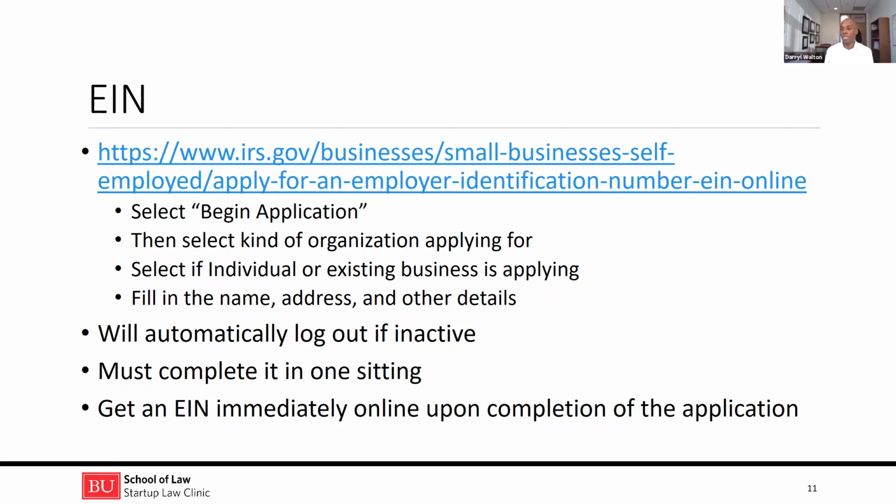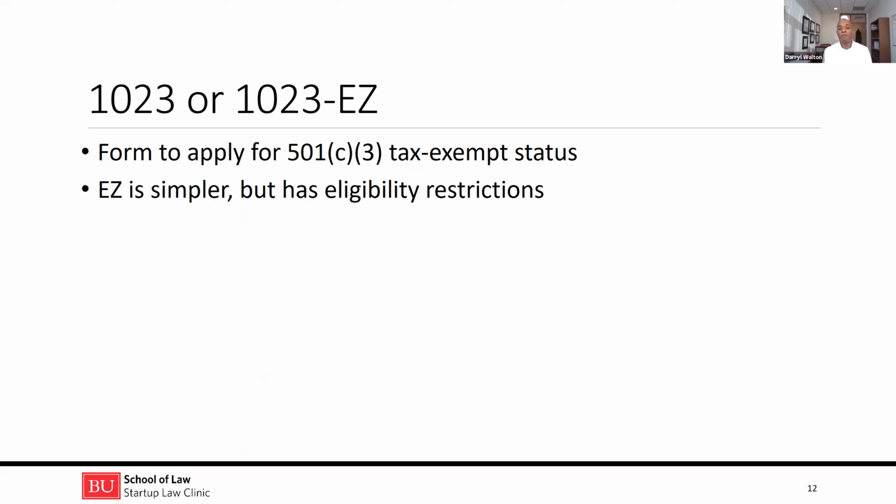So on this slide, we see that there are two forms. I gave out these weird designations, form 1023 and form 1023EZ. Well, what are these? It's just a simple application, and it's just two variants. For the longest time, there was only one application, the form 1023, and it's a long form.